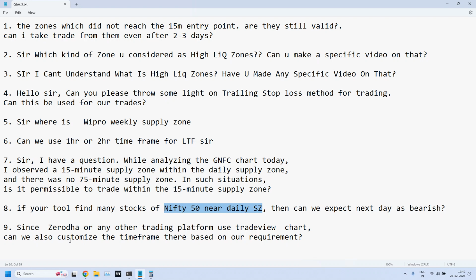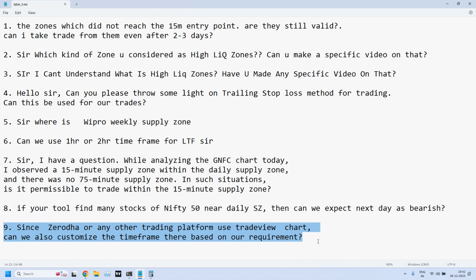And the last question: since Zerodha or any other trading platforms use TradingView charts, can we customize the time frames there based on our requirements? Yes, you can. You need not go for TradingView software. Previously also one of our members suggested a broker, Flyer, if I am not wrong.